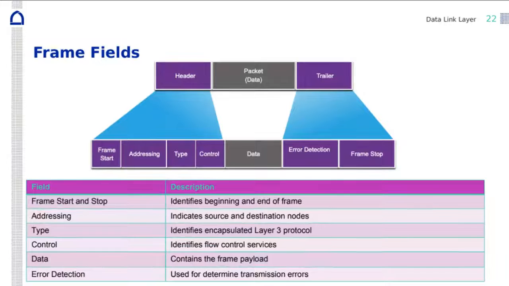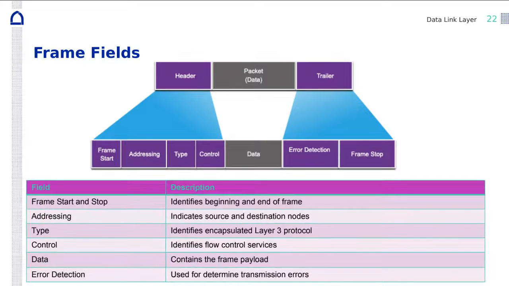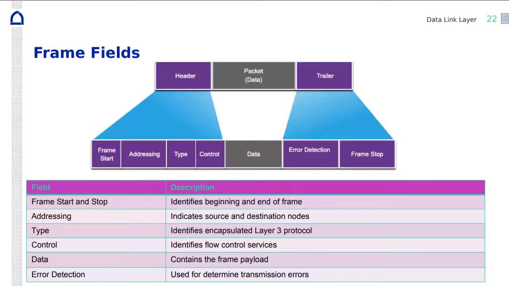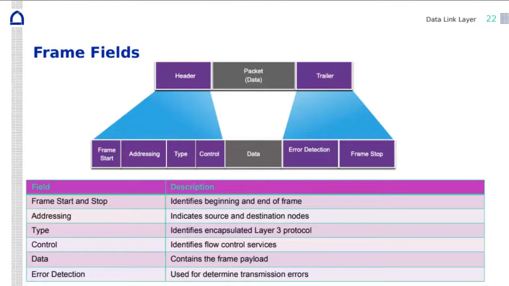This is your frame. These are the fields in your frame. The header has frame start, addressing, type, and control. The packet is the data you receive from your network layer. The trailer, we already mentioned, has what?